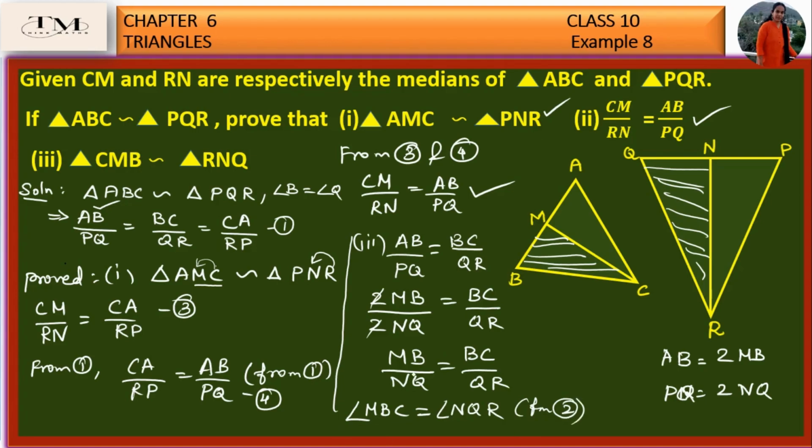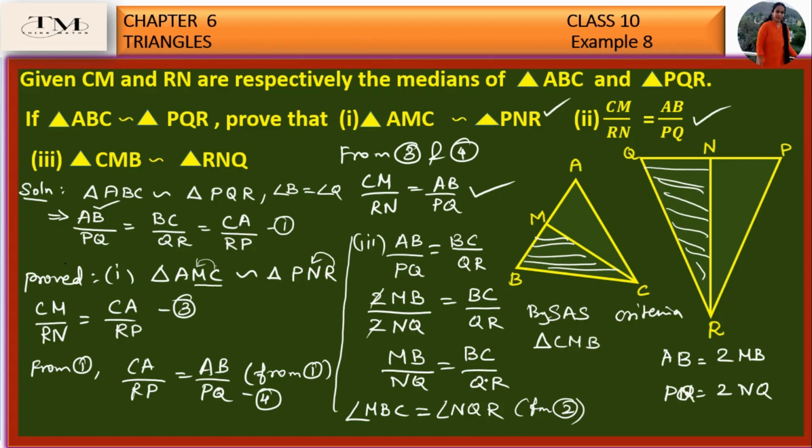So we have two sides proportional and an angle equal. Then by SAS criteria, what can we say? Which triangle? Triangle CMB. So write triangle CMB.